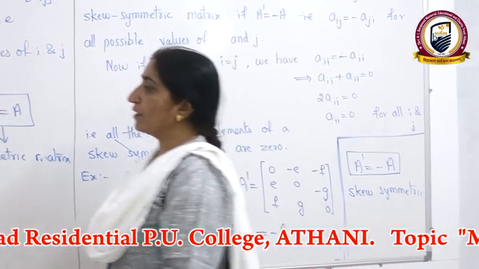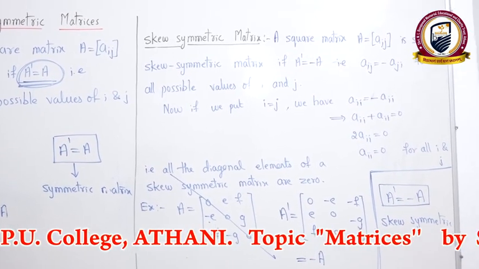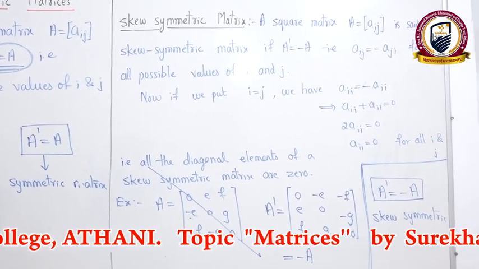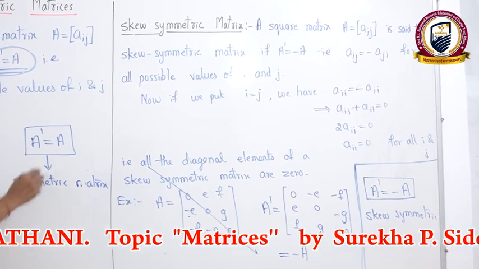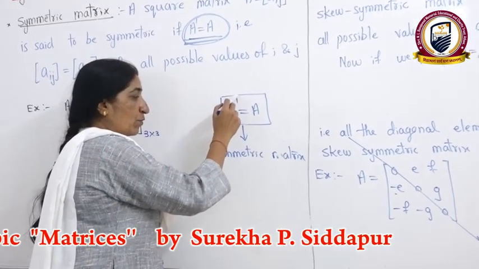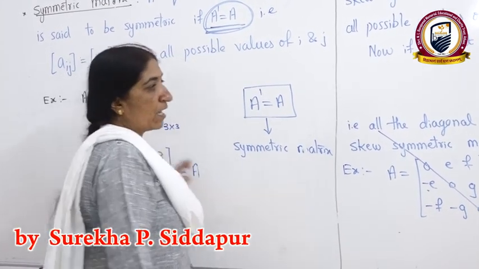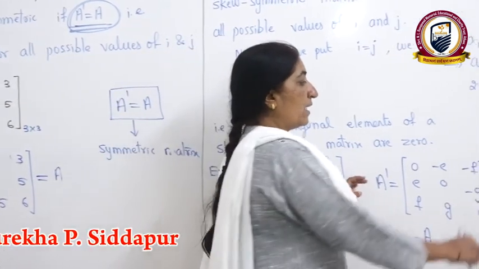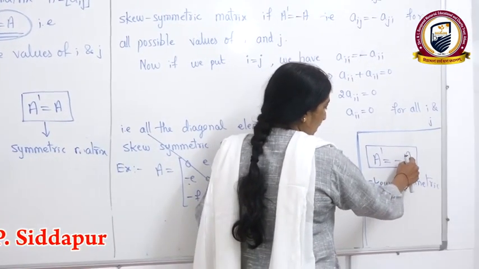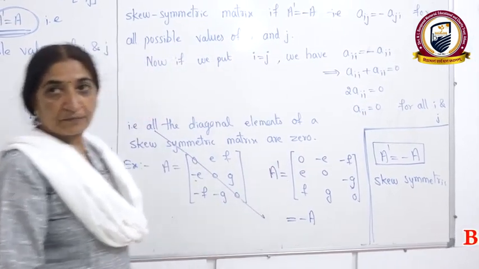So finally, after seeing these definitions, what is your conclusion? The main conclusion is, in a square matrix, if you get A dash, that is A transpose, equal to A, that is nothing but a symmetric matrix. And if you get A transpose equal to minus A, that is nothing but a skew symmetric matrix.